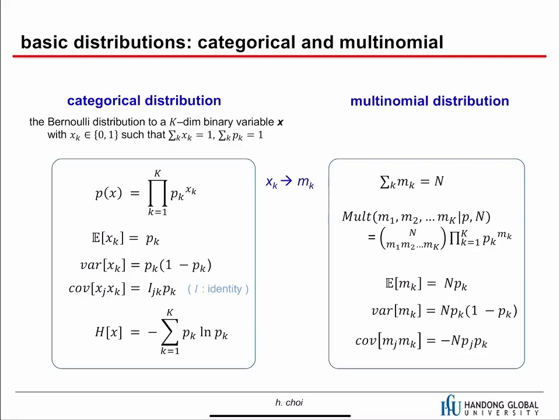And the next one is the categorical distribution. This categorical distribution is really popular when we are working on something like image classification. Say we have 10 classes, then K is 10 here.